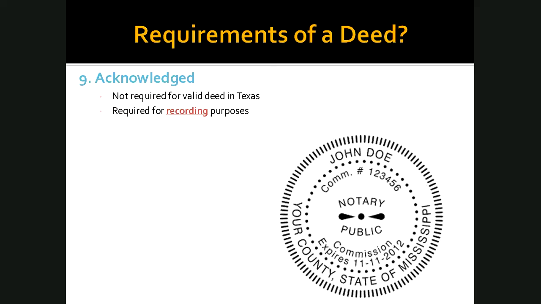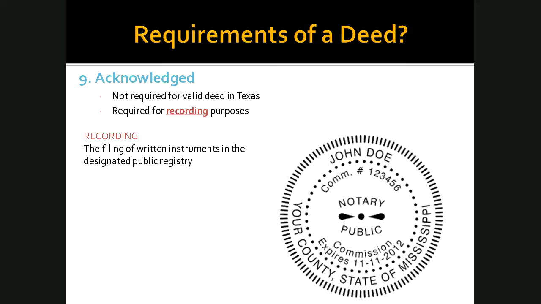So recording, when we talk about that, it's the filing of written instruments in the designated public registry. So each jurisdiction has a place to file real property records, right? So deeds and mortgages and liens and things like that. Every county or jurisdiction is going to have a designated place to file those records.